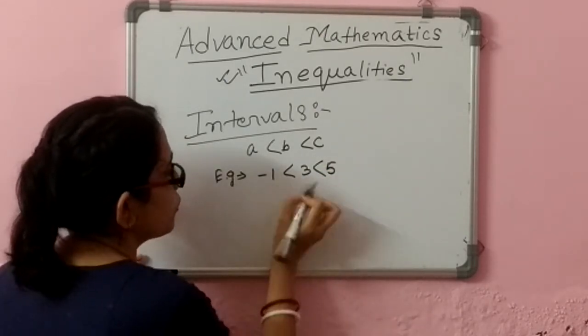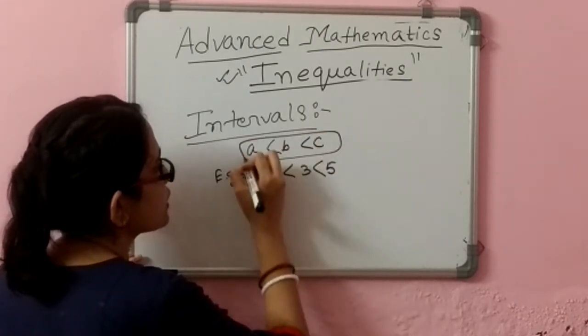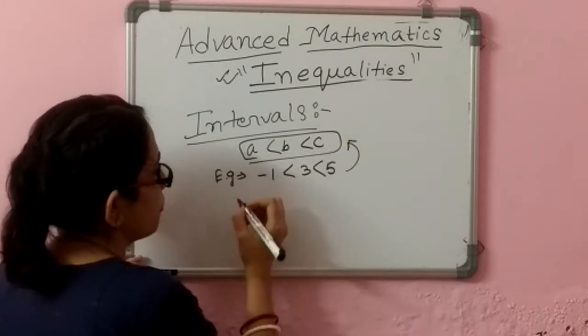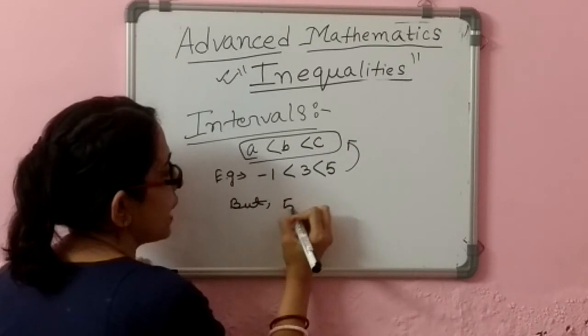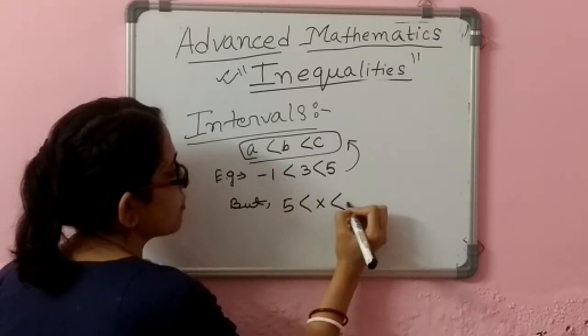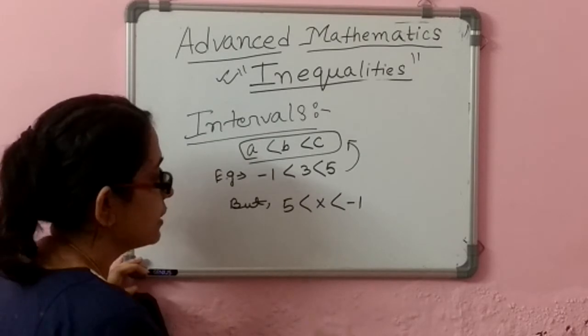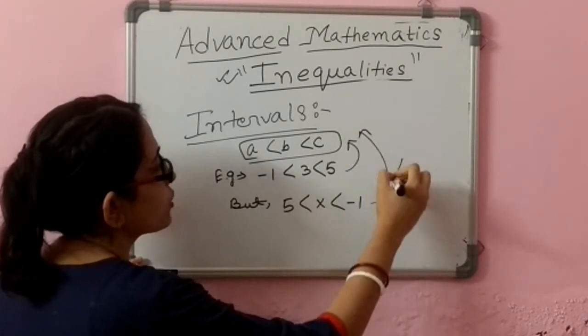Here we can say that it follows this property. But if it is 5 less than x less than -1, then this will not follow this property.